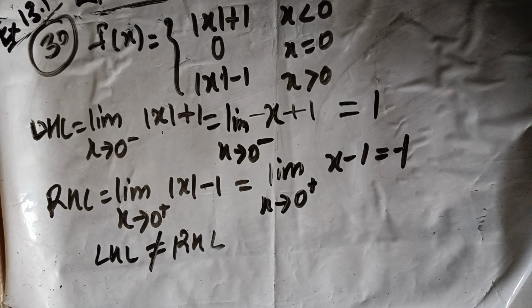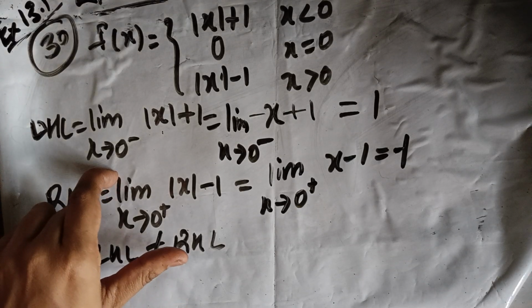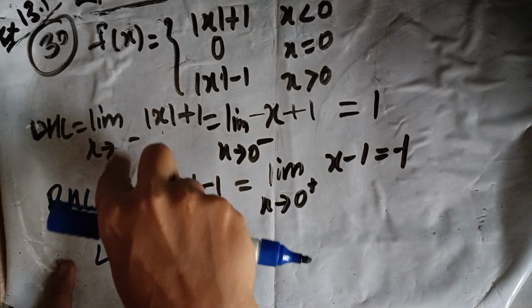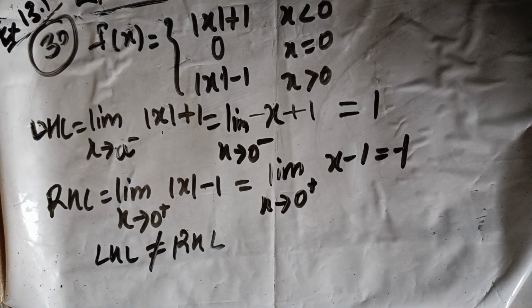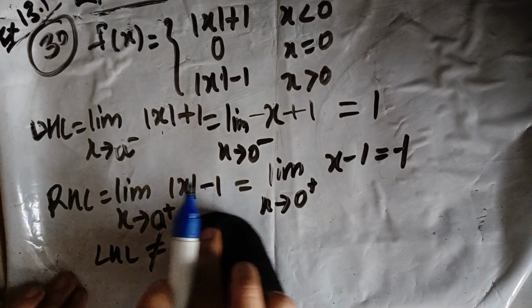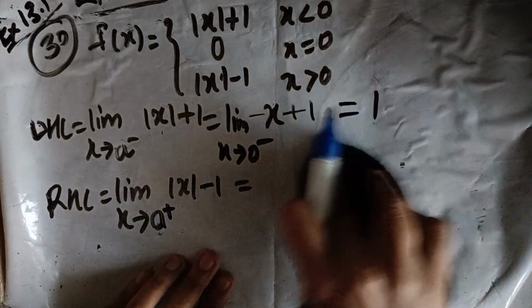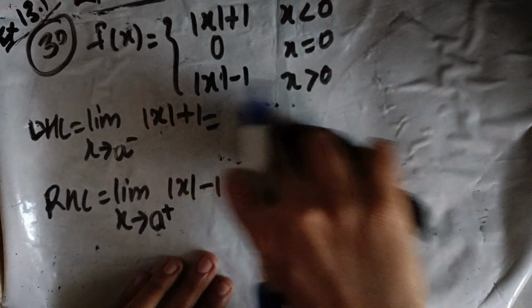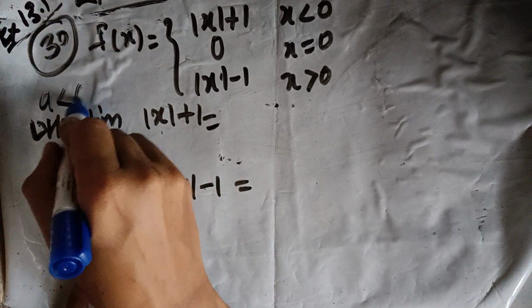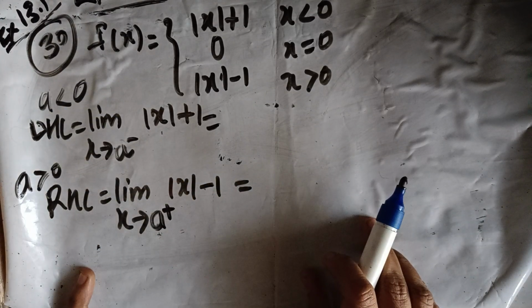But the question is we have to find the value for which this limit of f of x exists. Okay. So we have to put x tending to a. So for LHL it will be a minus, and for RHL it will be a plus. So this is for a less than 0, this is for a greater than 0.